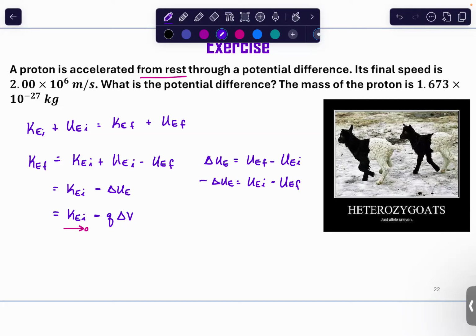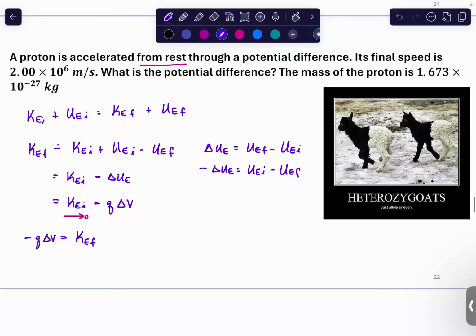So this means we're going to have negative Q delta V equals the final kinetic energy of the proton. And then we can put in the 1/2 mv squared.